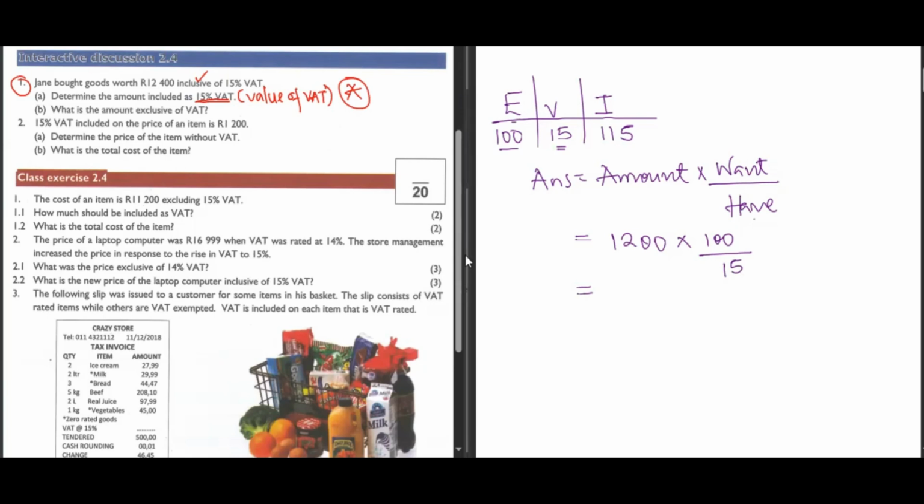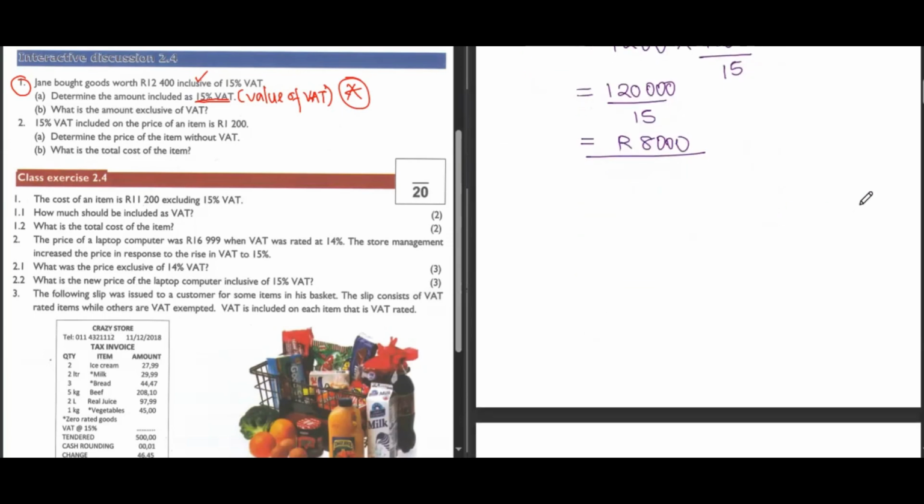Because 1,200 times 100, you get 120,000. When you divide this by 15, you get your answer as 8,000. This is another method.